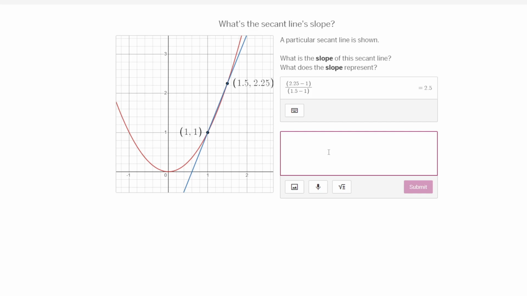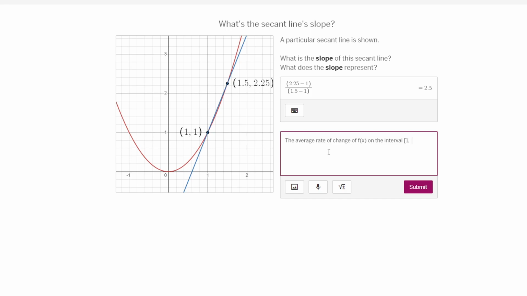What does that slope represent? Or how can we interpret it? This would be the average rate of change of our function f of x, our quadratic, on the interval that we're considering. So we're looking for the x values. Our left point would be 1.